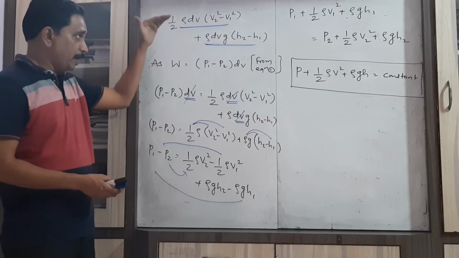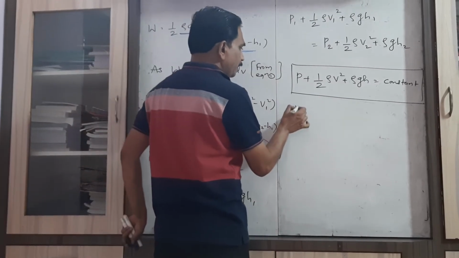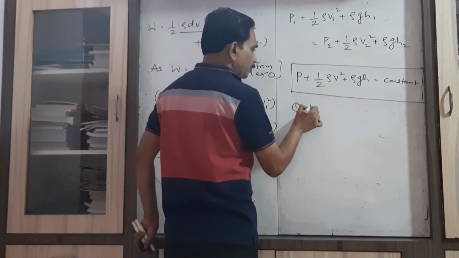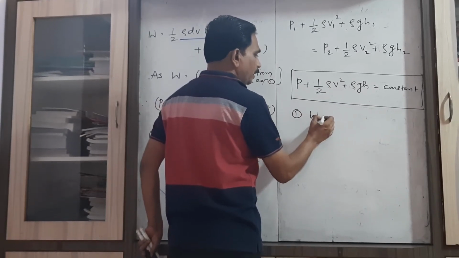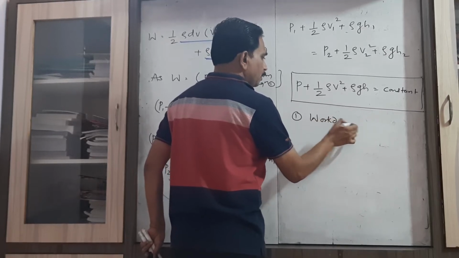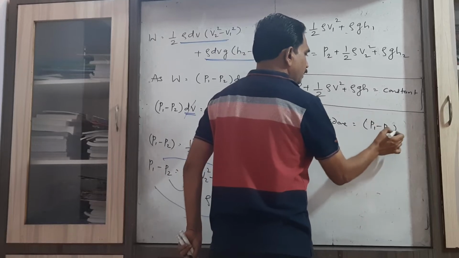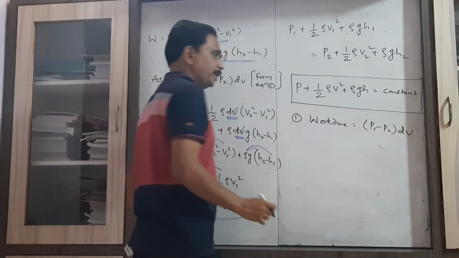Keep in mind the steps you have to follow in order to find this equation. First of all, you have to find the value of work done, which is equal to P1 minus P2 into dV.